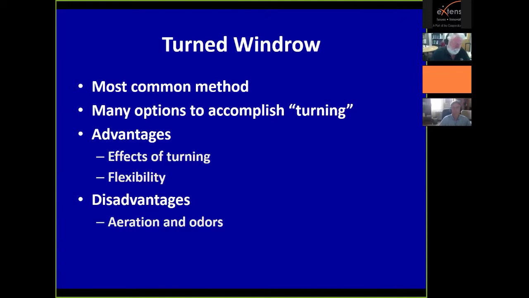In many cases, that structural porosity is created by a hard structural item like a wood chip, or in some cases a tire chip, as opposed to a material such as straw or hay or leaves, which doesn't have that same structural rigidity of a wood chip. There is also some risk of odors with turned windrow operations.